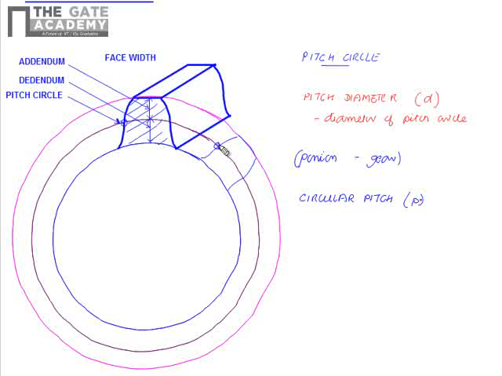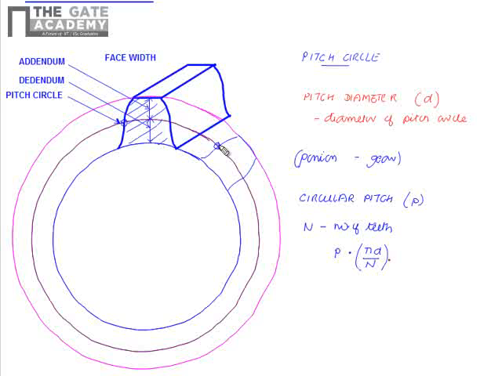So what can we say if n is the number of teeth in the gear? Circular pitch will be pi d, that is the circumference of the pitch circle, divided by n. This will be the circular pitch.